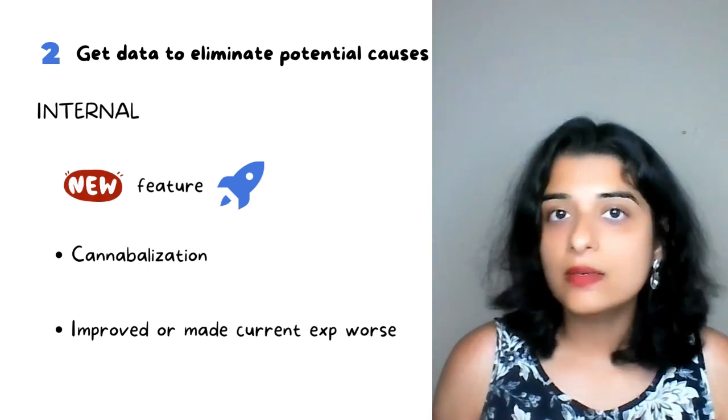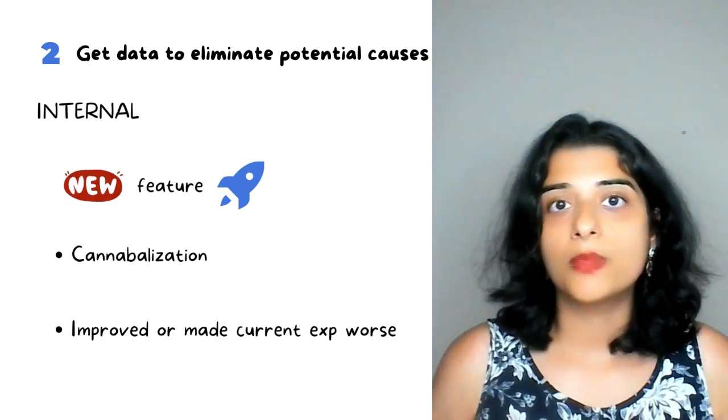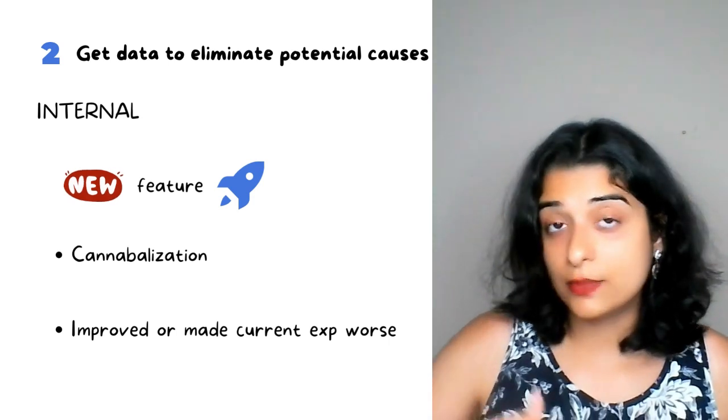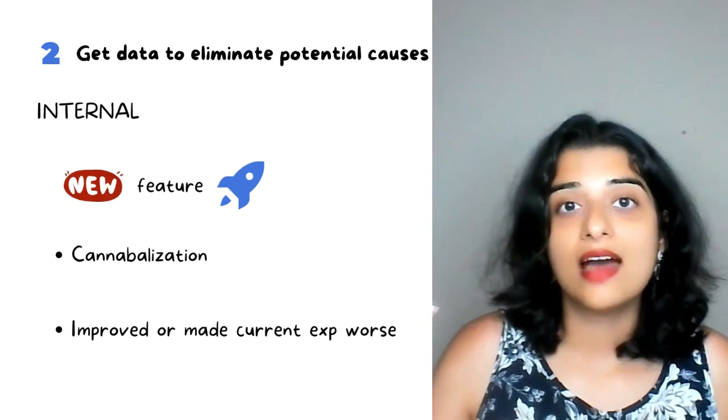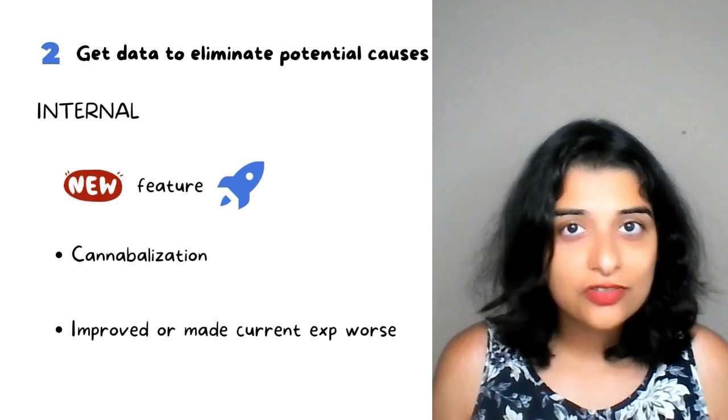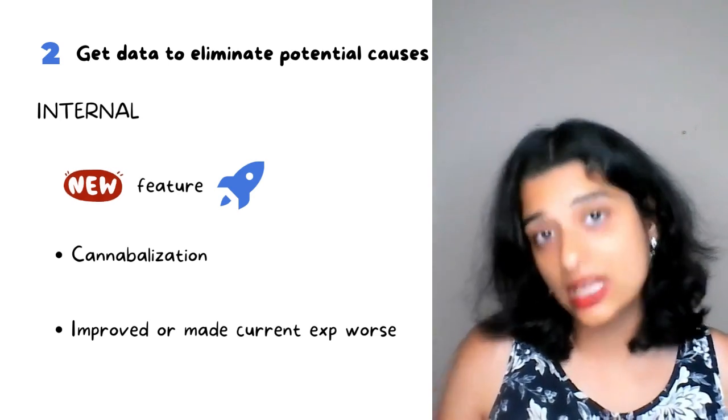Another example of cannibalization is when Amazon launched one-click buy, and there was definitely a decline in add to carts. So a new feature launch led to cannibalization of a feature, resulting in change in a metric.